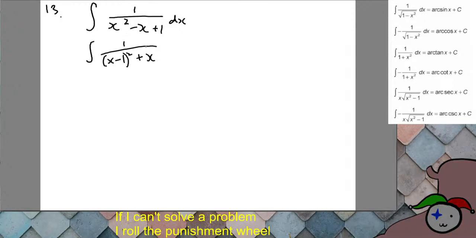So that's something. Then I guess you can multiply this by x minus 1 squared minus x.